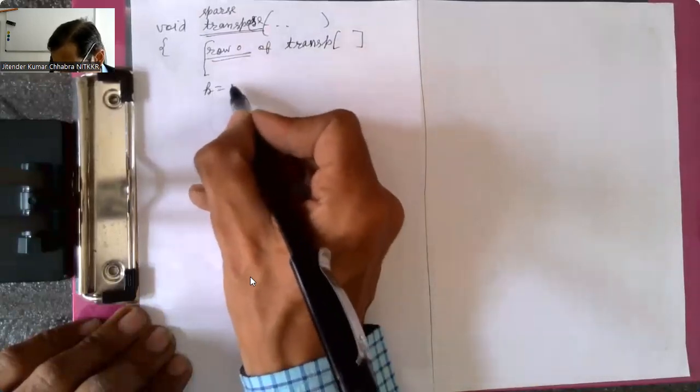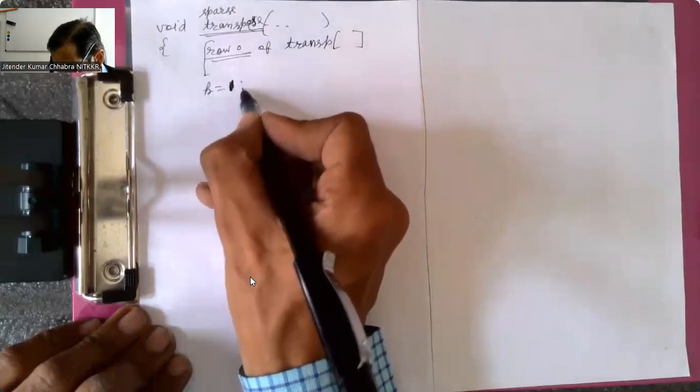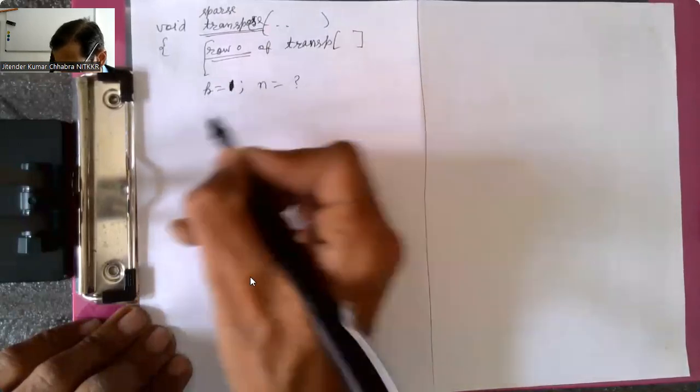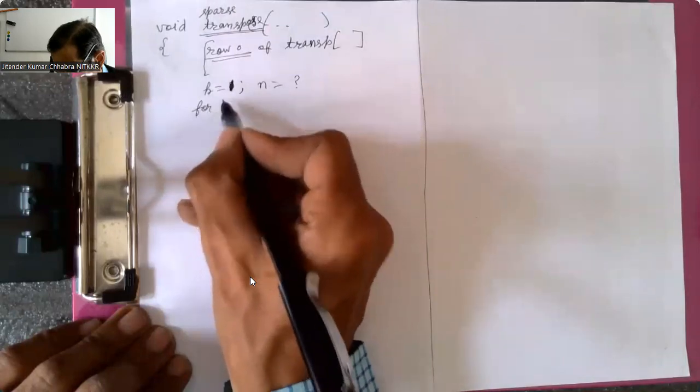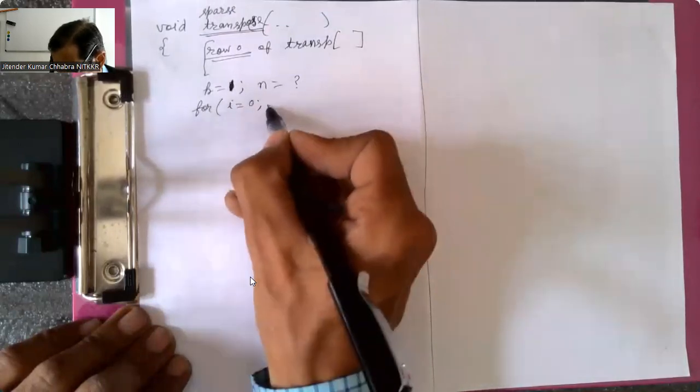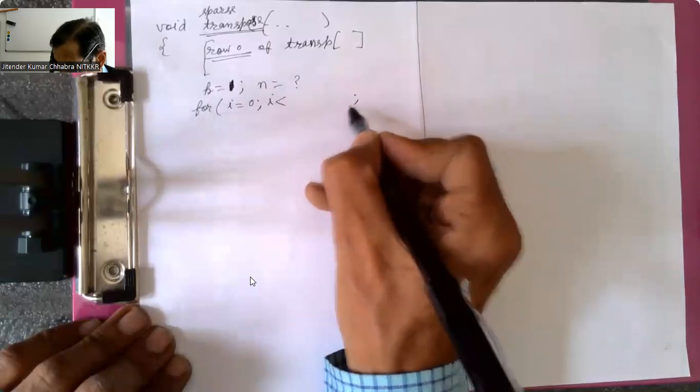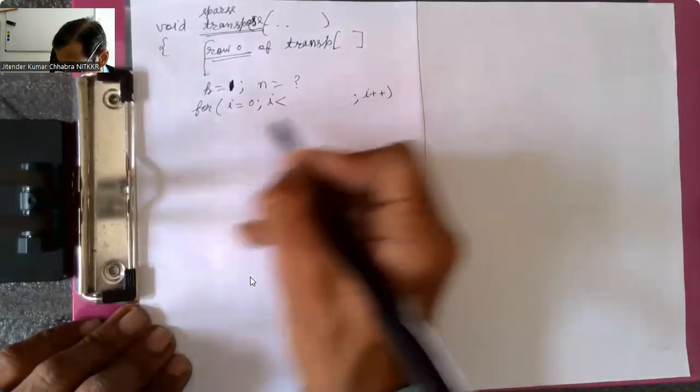Then I will say let k be equal to 1, n be equal to defined, and I need a for loop I equal to 0, I less than something, I plus plus.